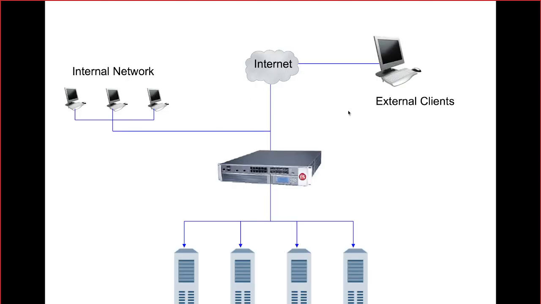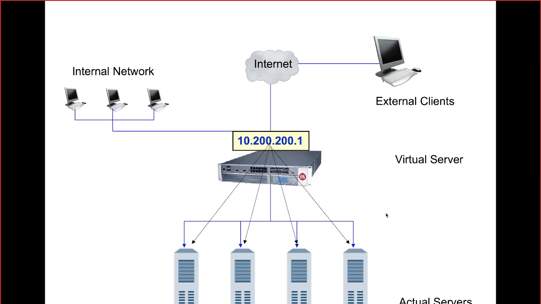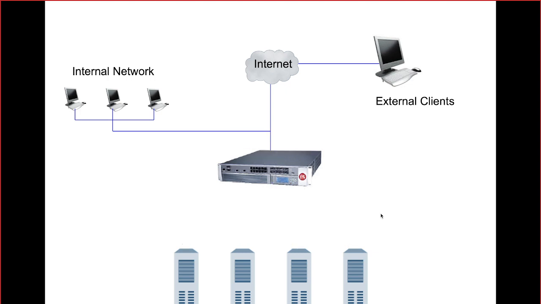Now, in the same setup, the virtual server IP address is 10.200.200.1. Now the virtual server is identifying all the pool members, the actual servers running on it, and then NAT is going to be performed. We are not calling this a destination NAT, keep that in mind.